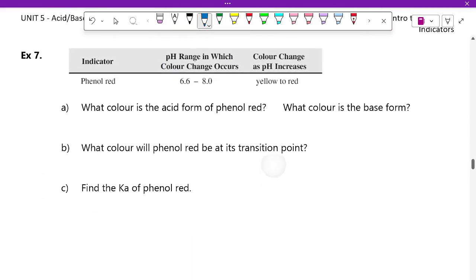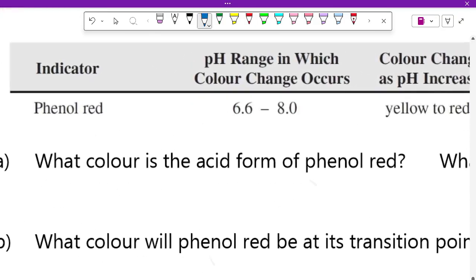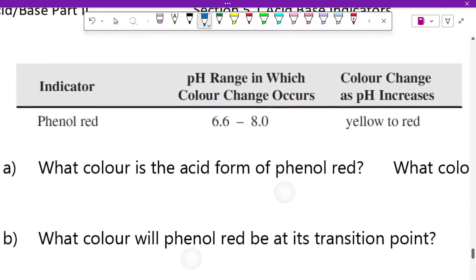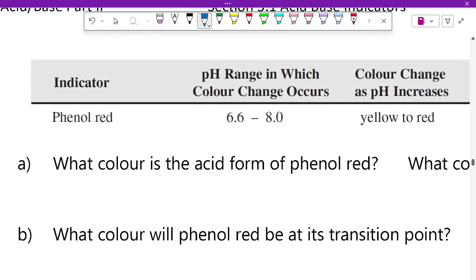Okay, now you get to try with phenol red. So you've got the data for phenol red, or you can look in your pink book, doesn't matter, it's right here.